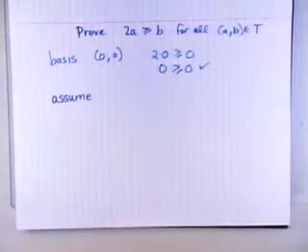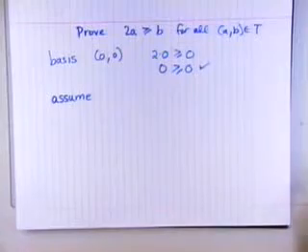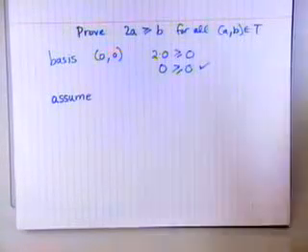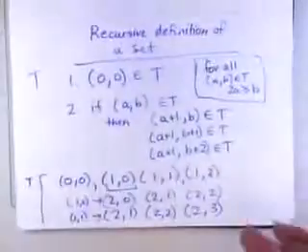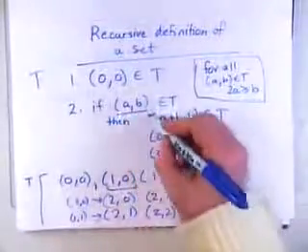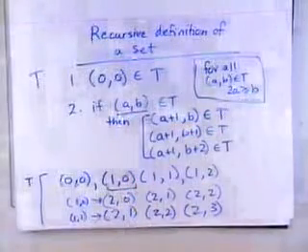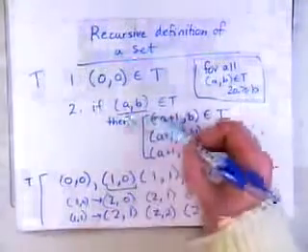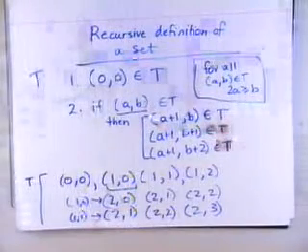Now, in order to structure our induction, it has to be structured the same way our recursion is, right? So our recursion has one step that we assume and then grows 3. So our assumed statement is going to have one element, and our proof is going to have three statements.